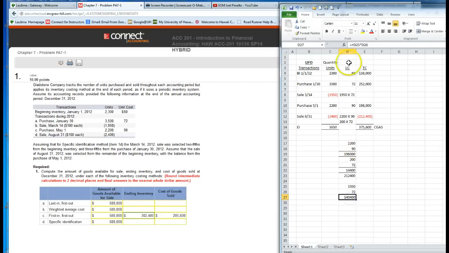Then we can see that that sale is costed at $140,400.